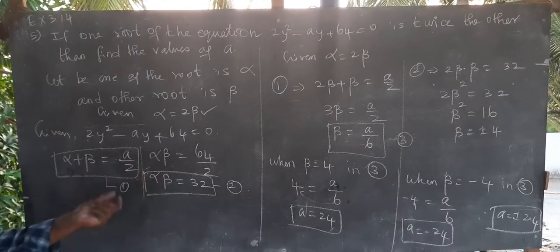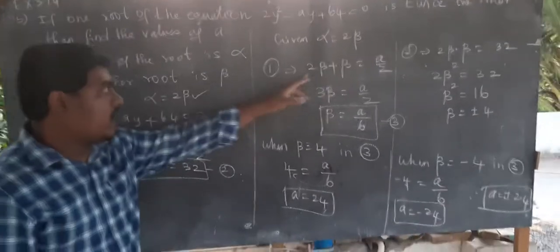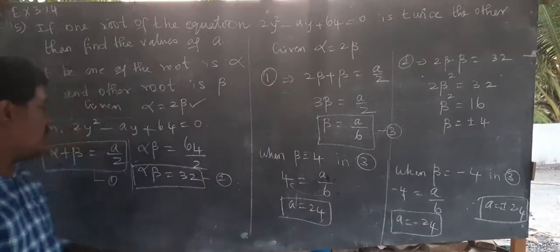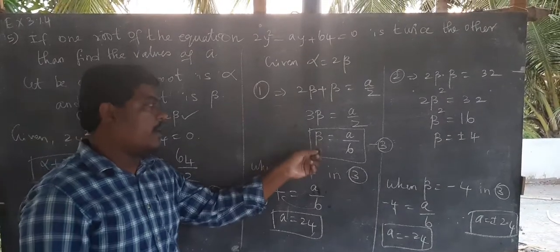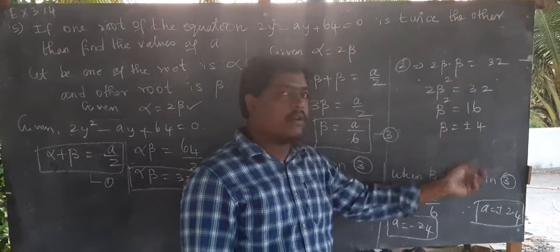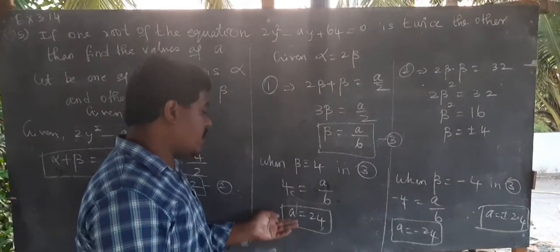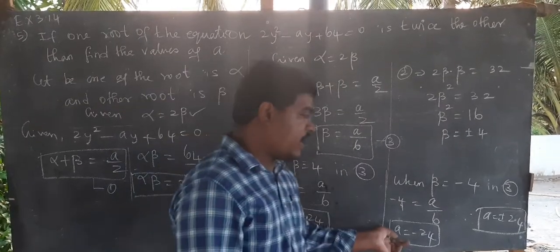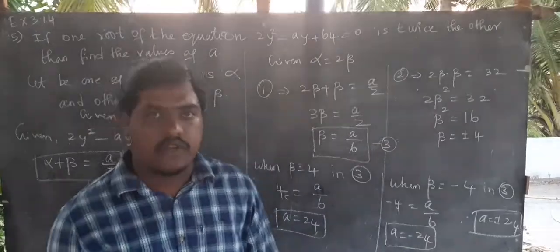Using these two, we have to find a. Just apply alpha equal to 2 beta in 1, and we get beta equal to a by 6. Here also, applying alpha equal to 2 beta, we get beta equal to plus or minus 4. Take the value and write it here. We get one positive value and another negative value. So finally, we get a equal to plus or minus 24.